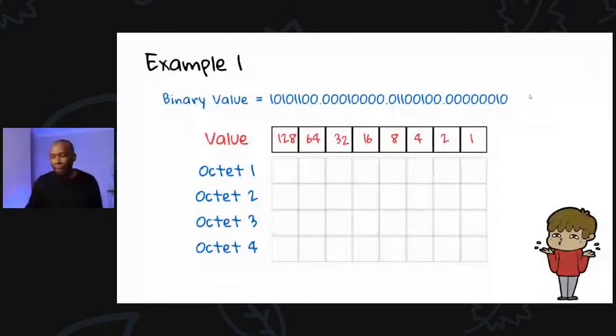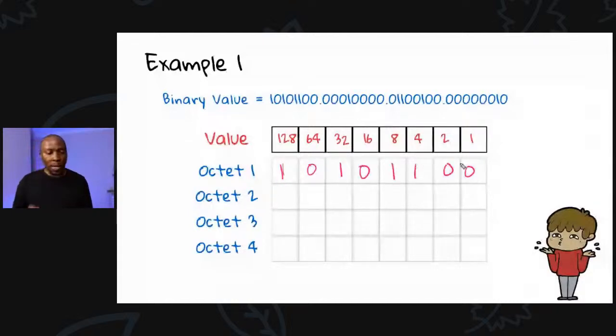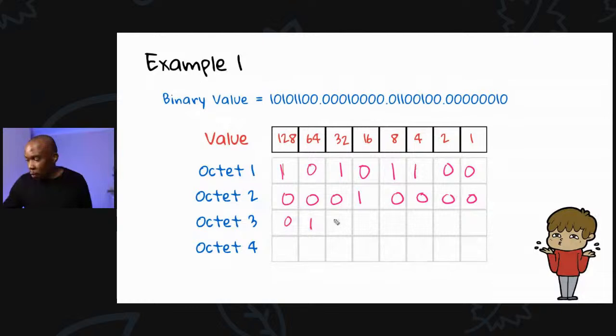So we're going to say 1 0 1 0 1 1 0 0. That's the first octet. The second one is 0 0 0 1 0 0 0 0. The third one is 0 1 1 0 0 1 0 0. And the last one is 0 0 0 0 0 0 1 0.